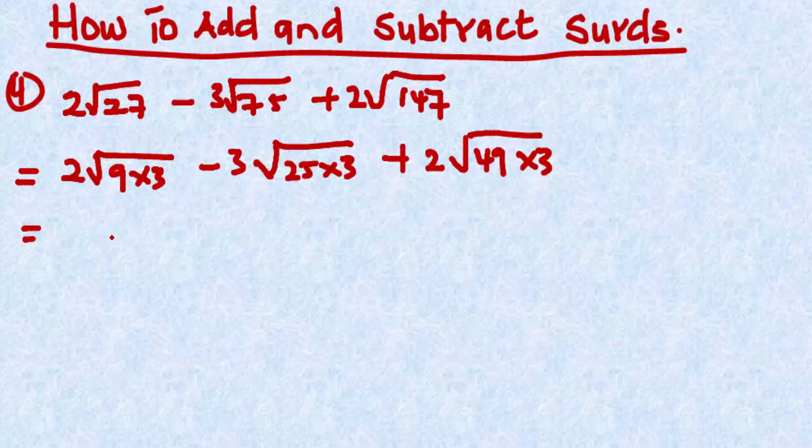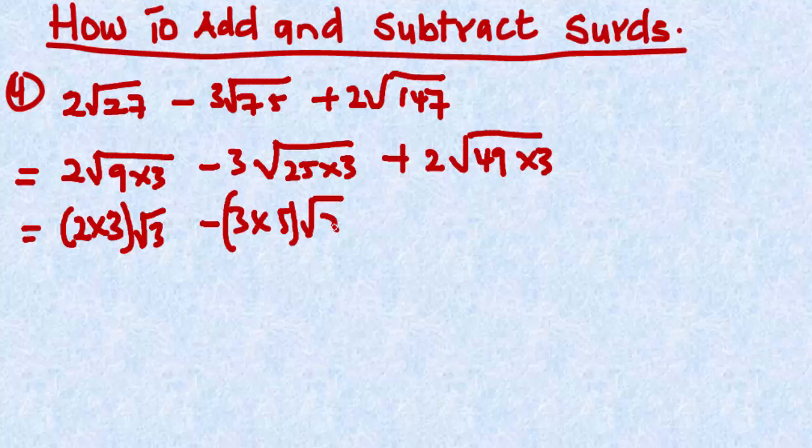Now in this case we have 2 multiplied by root of 9, which would give us 3 root 3. So take note. 3 will multiply by 5, that is the root 25, then root 3. Then we have plus 2 multiplied by 7, so 7, then root 3.